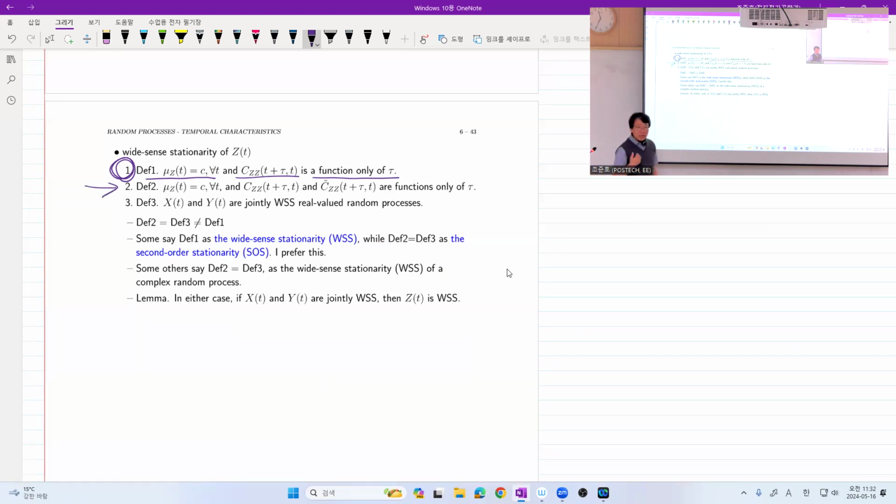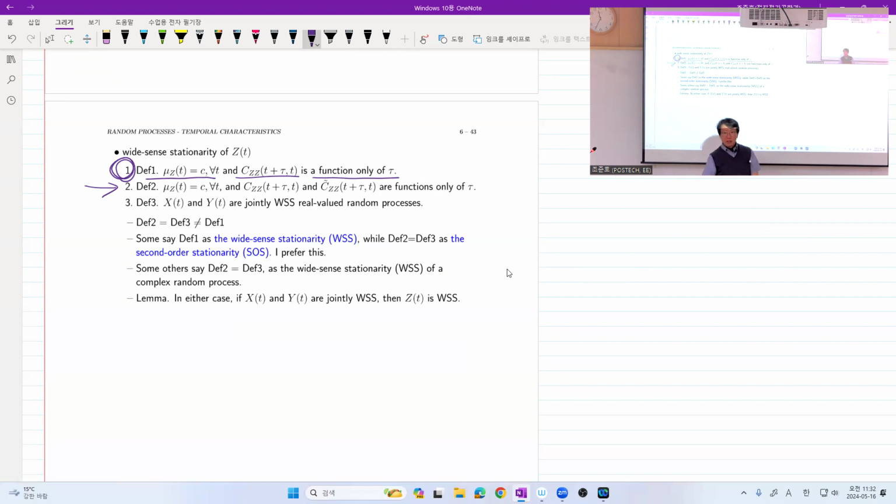Later, some people modified this in their research papers and said that, okay, I define the Y-sense stationarity of a complex valued random process as equivalent to joint Y-sense stationarity of real and imaginary parts.